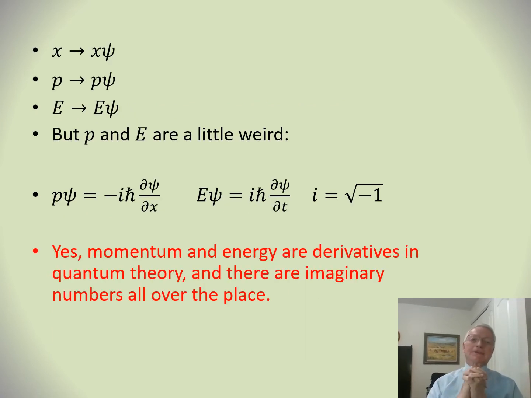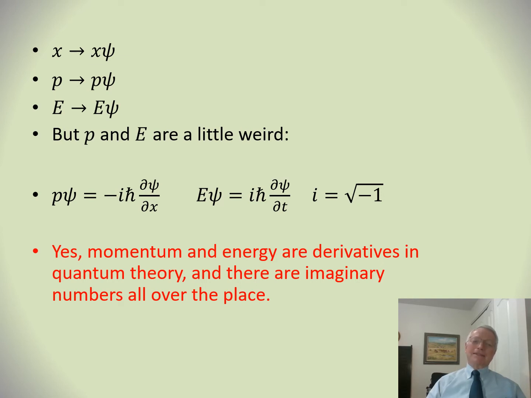X, in his theory, position would be replaced by x times psi. And p would be replaced by p times psi. And E would be replaced by E times psi. But to make everything wave properly, he had to make p and E kind of weird. So in Schrödinger's theory, p isn't a number, it's a derivative.